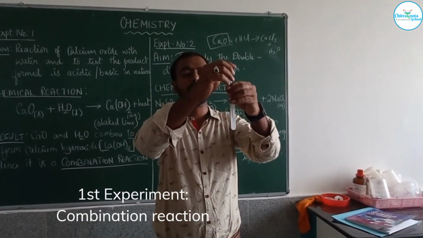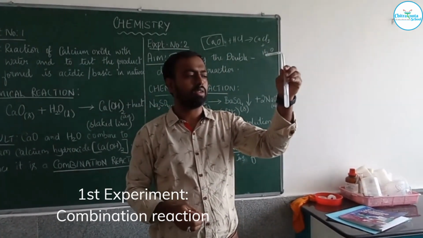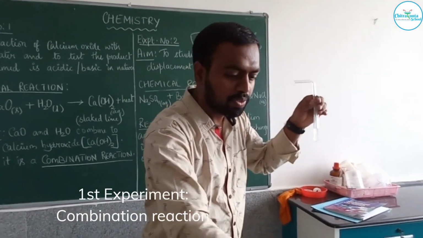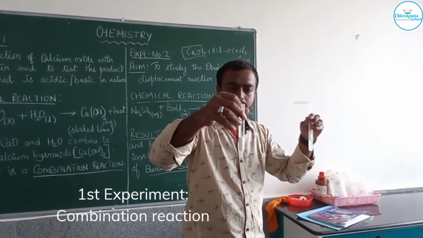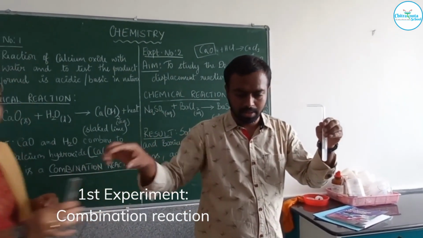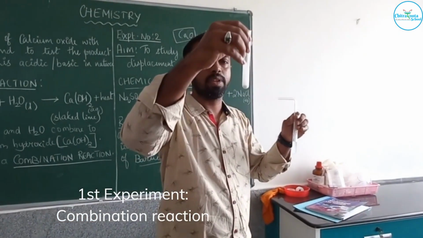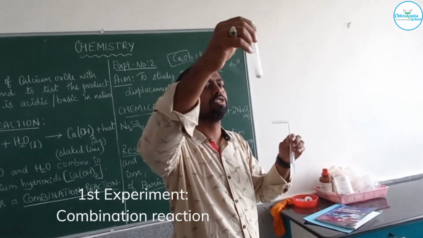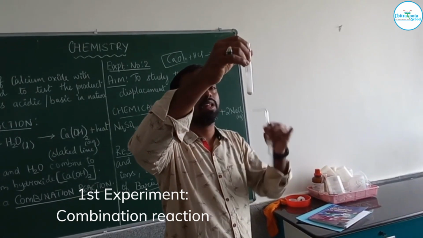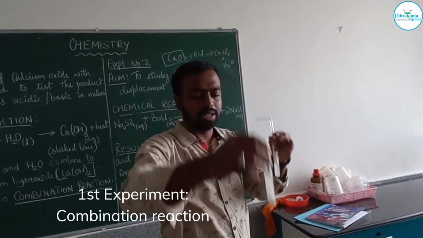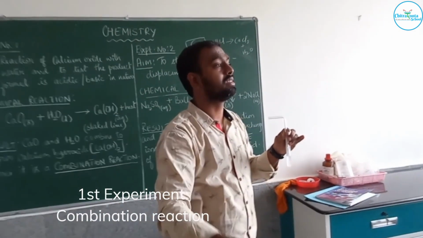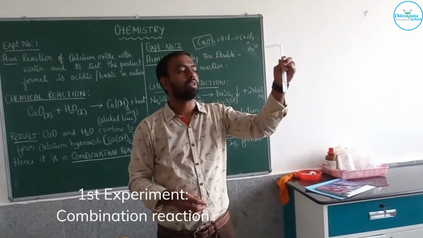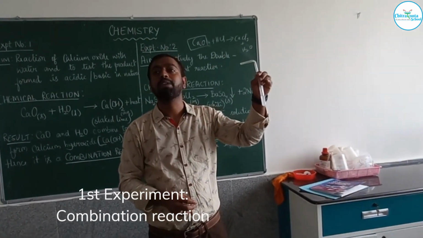Slowly, the insoluble calcium oxide is settling down. The solution in the upper portion is obviously calcium hydroxide. When you blow, it has to turn into calcium carbonate.